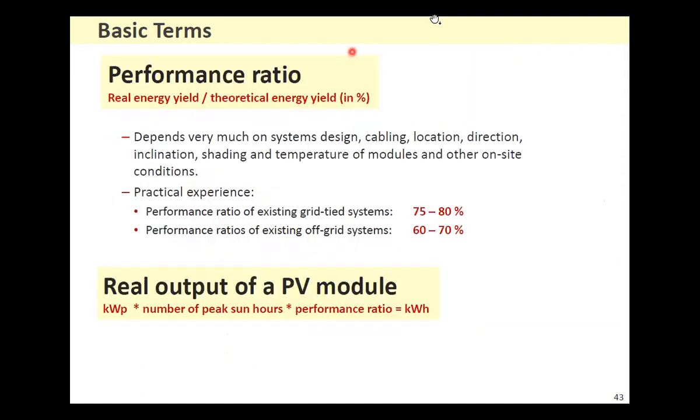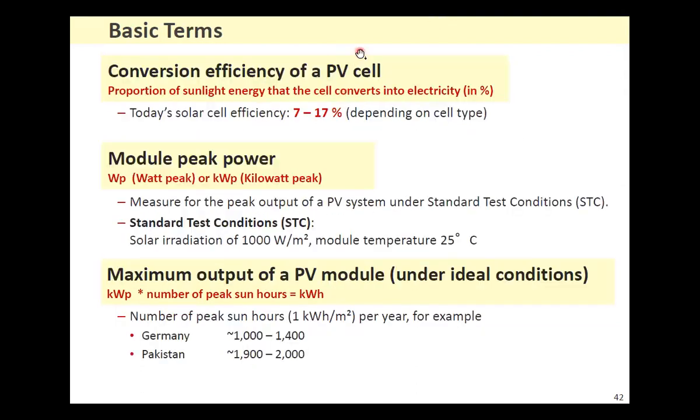Let me explain again. This is the patch of land, 1 meter square, and here you have the sun. The energy you are receiving is around 1000 watts on this patch of land, which is meter square.